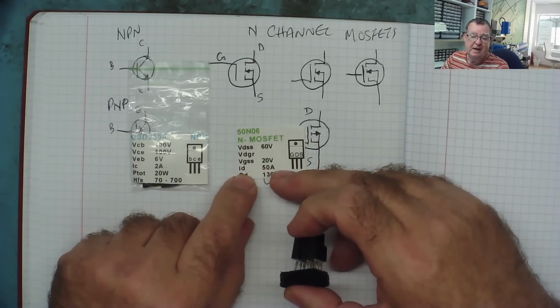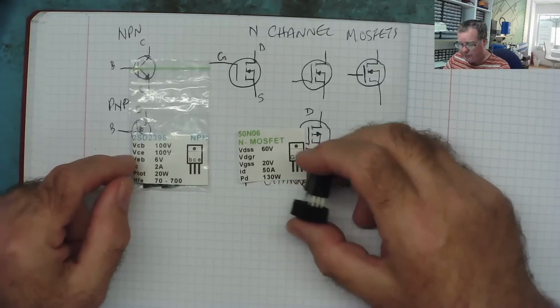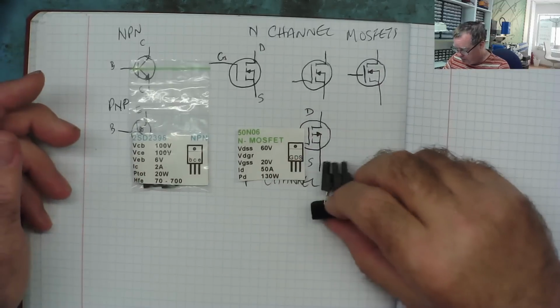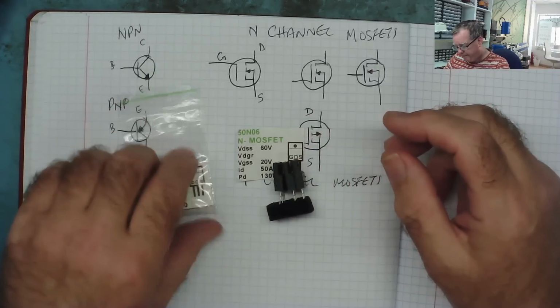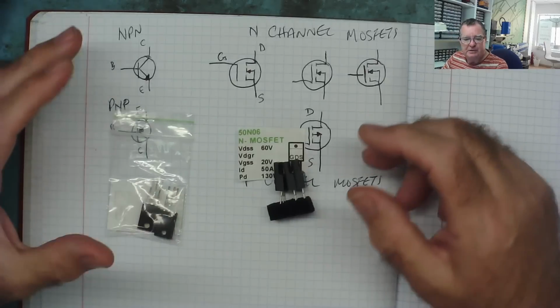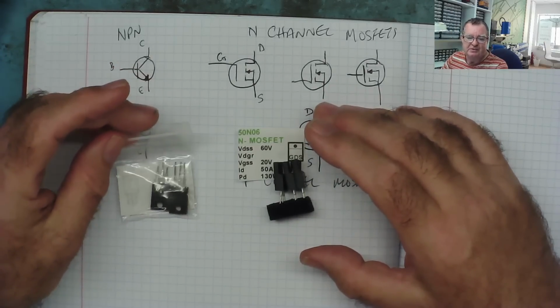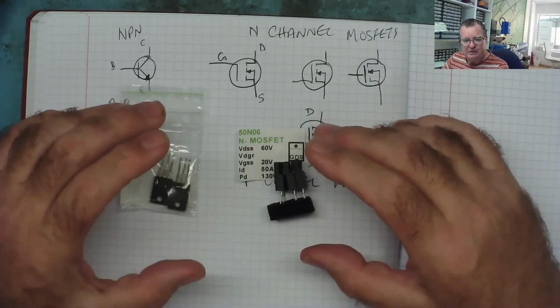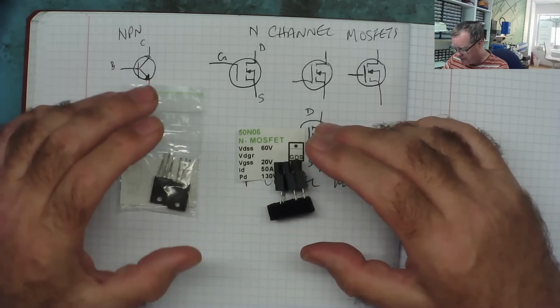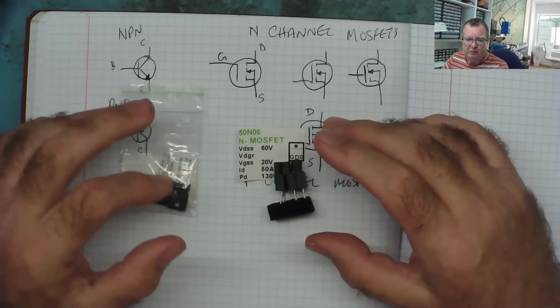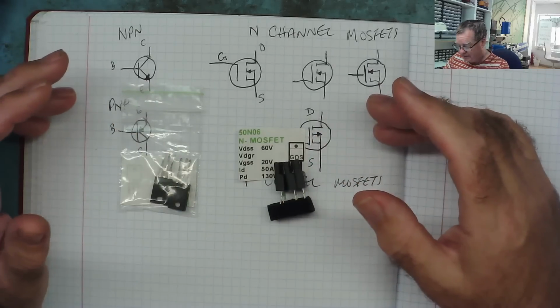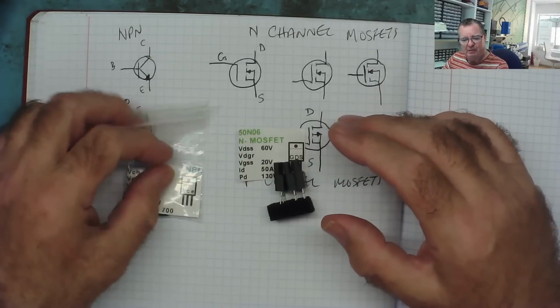And you will see this can handle 50 amps compared with 2 amps, but physically they look the same. So as I mentioned, it can be very difficult just by looking at a device what it actually is. We can look at them with a test meter, and even with a multimeter we'll be able to tell the difference from one to the other, or we could use a component analyzer. But we'll come to that a little bit later.